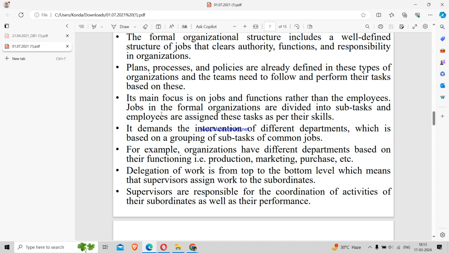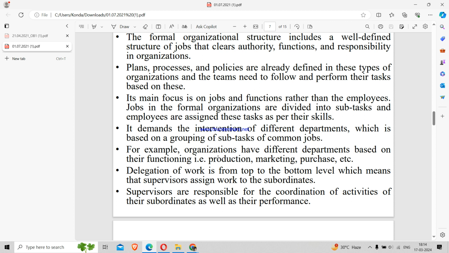If the department is able to produce the outcome expected of them, then that department has done its job. This is the fundamental way in which the formal organization structure works. Next, it demands the intervention of different departments, based on grouping of subtasks of common jobs. So this is the very basics of all the things.